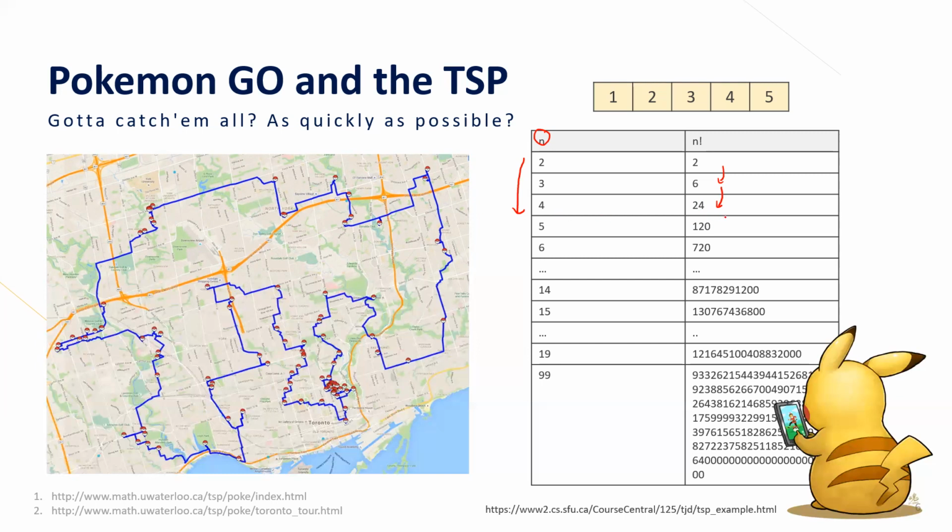And then 4 to 5, you see the number is growing: 24 becomes 5 times more. And then here 6 times more.